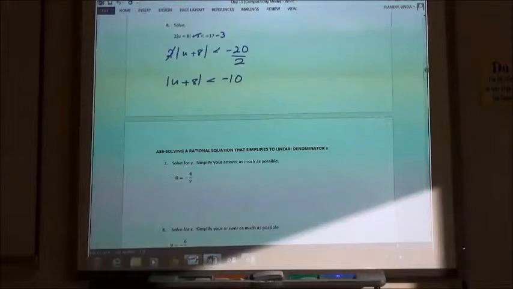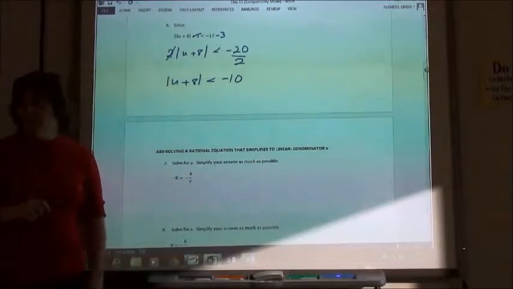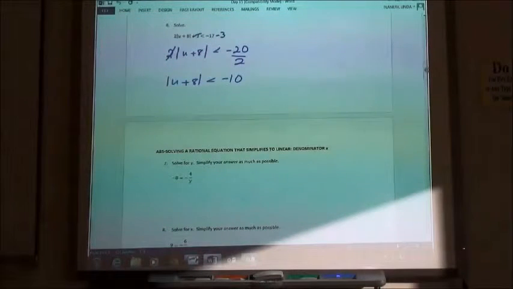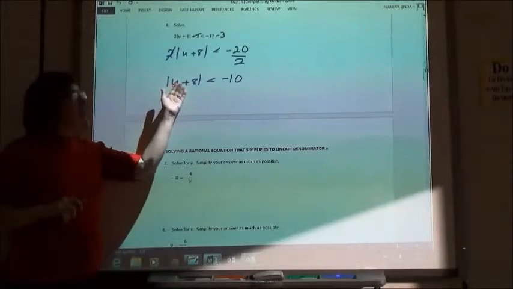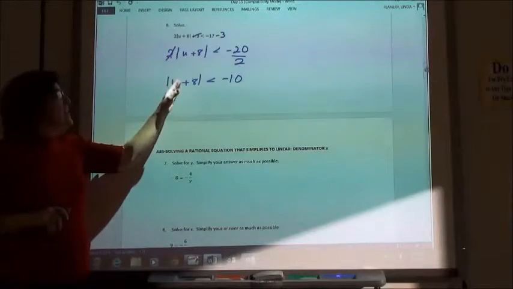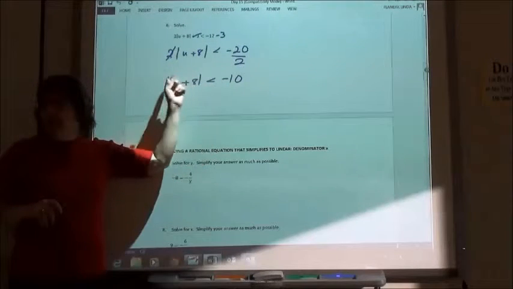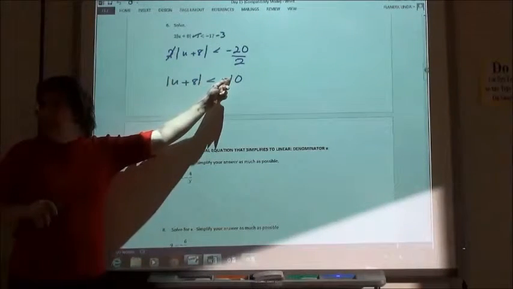Now, what do we know about absolute values? Absolute values are distances. This is saying what numbers are less than negative 10. Can an absolute value be less than a negative number?